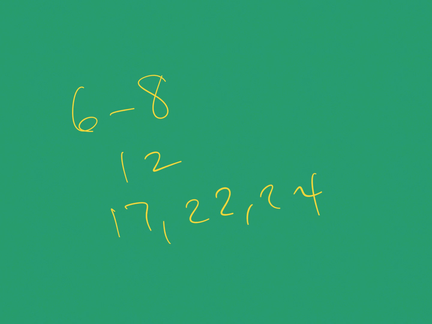That should be picking up the problems that we did not do the other day that should look similar to the examples that we saw today. So you're going to see those. Really, that's 7 equations. Heck of a deal, right? So 6 through 8, number 12, 17, 22, 24.